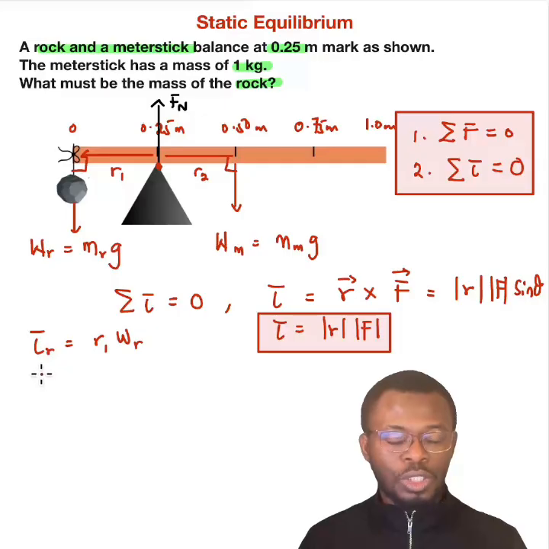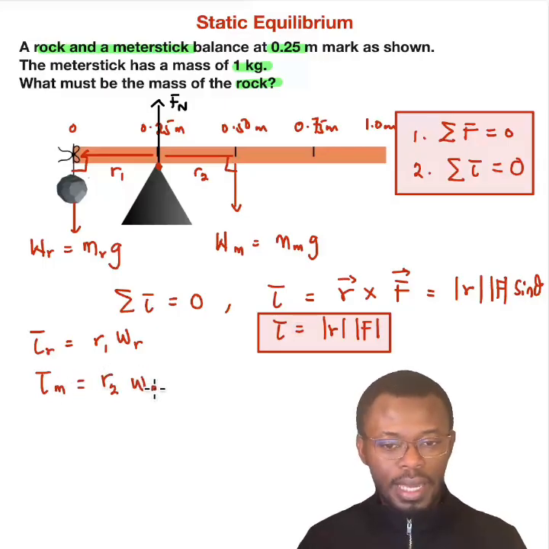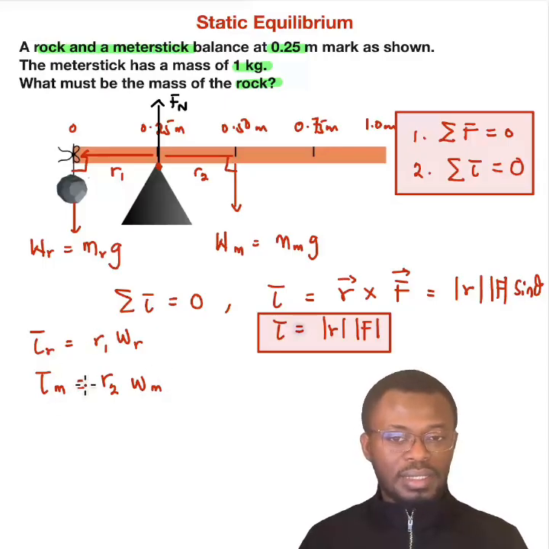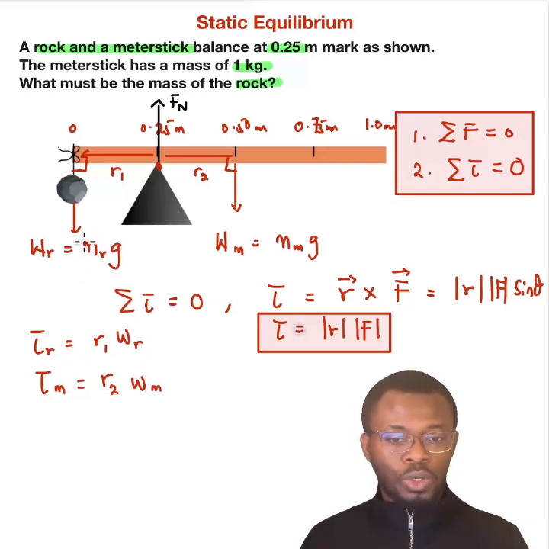And we can define the torque due to the weight of the meter stick, which is acting through the center of mass of the meter stick, as tau M, and that is going to be R2 WM, the weight of the meter stick. The one due to the meter stick is clockwise, which is negative, and the one due to the rock is counterclockwise, which is positive.